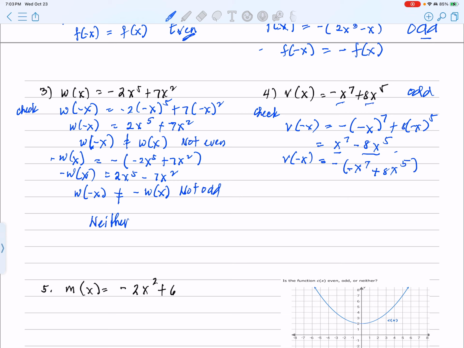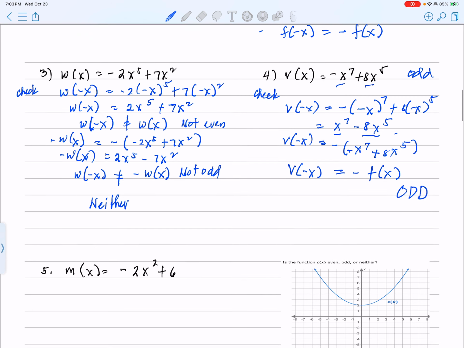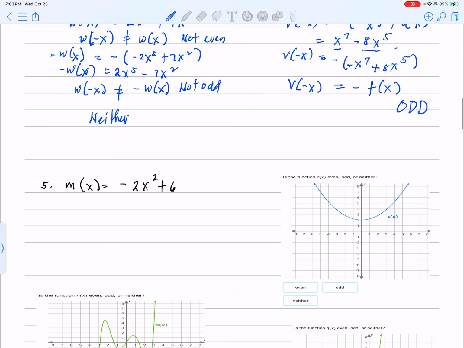Right? So b of negative x is equal to the opposite of the function. Therefore, this is odd. Right? Just substitute a negative x in the function, and you can find out if it's odd or even.